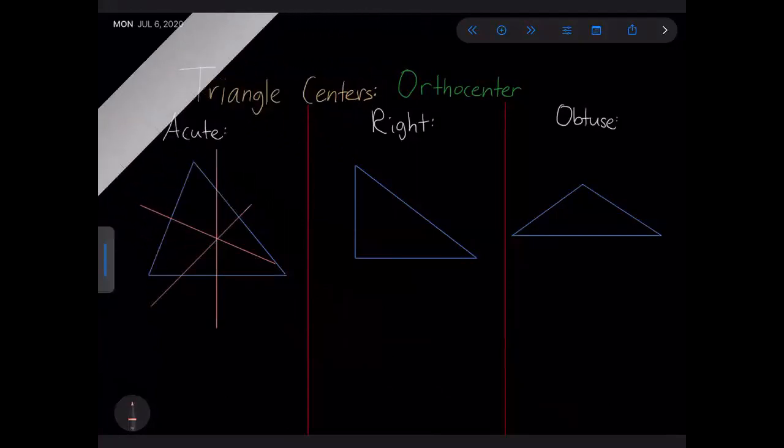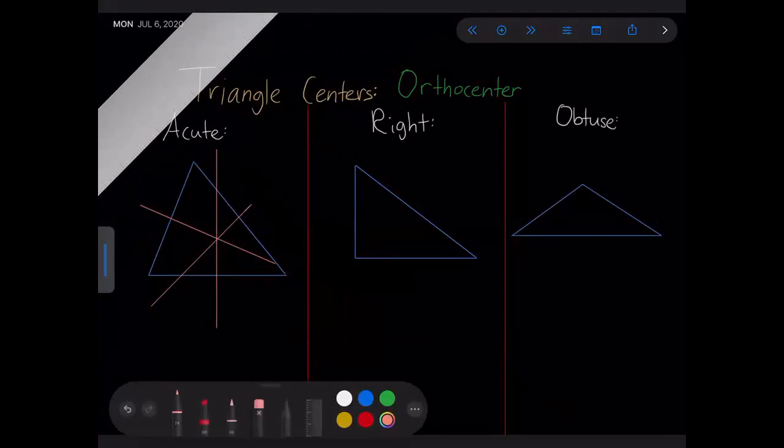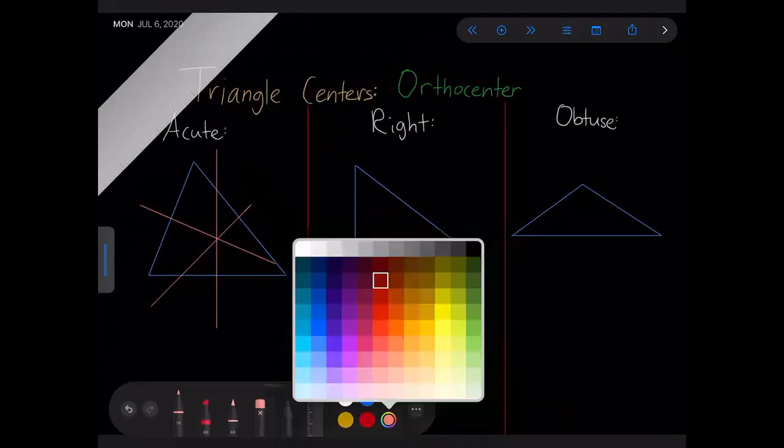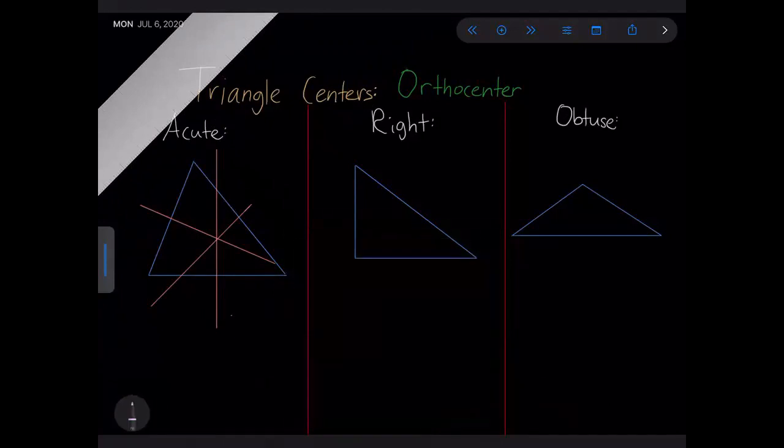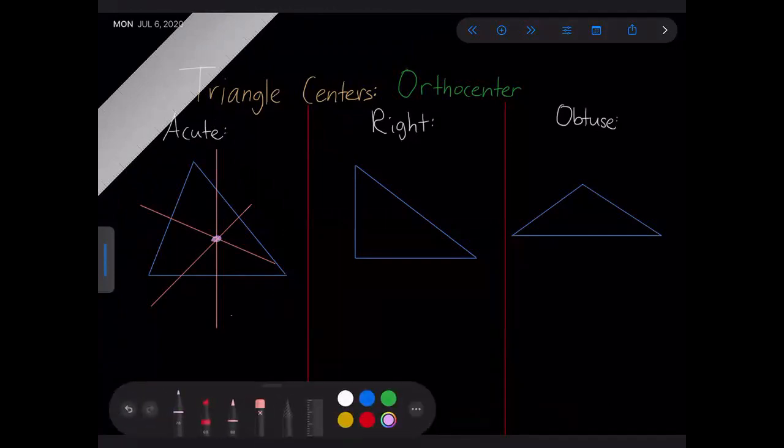So over here, what you see is that all three perpendicular bisectors intersect at the same point again. And this is your orthocenter. Now, why do they intersect? Well, it's the same story as our incenter. A perpendicular bisector is equidistant from two vertices this time.